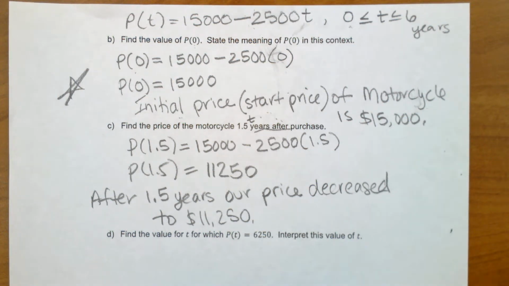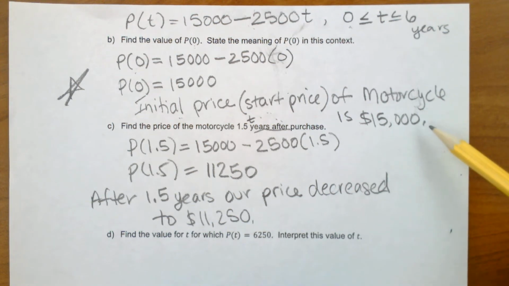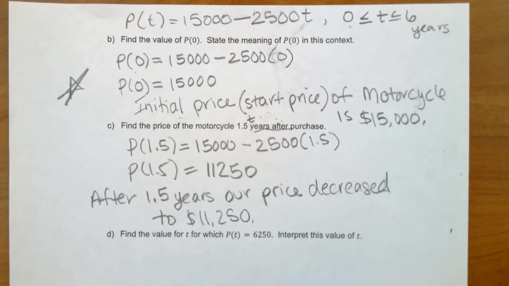Once you take it off the lot, once it's yours and you leave to go home or anywhere, your price starts to go down. It will never be worth that $15,000 again. I guess if you have an older automobile and you restore it, there are other situations. But if you just bought a motorcycle, as soon as you leave the lot, the price is going to go down. It's not going to be worth as much as you paid for it in the beginning, for the most part.